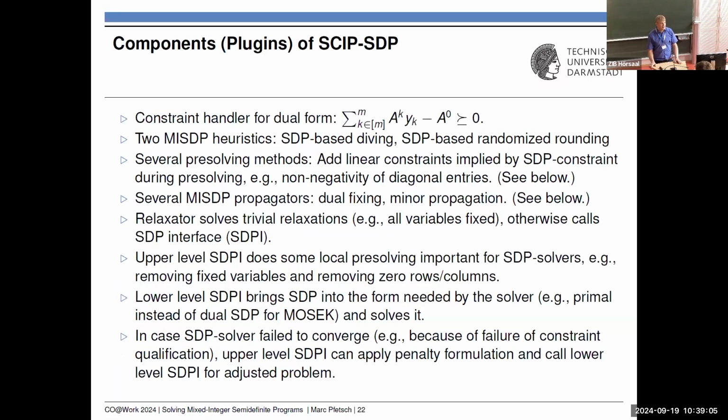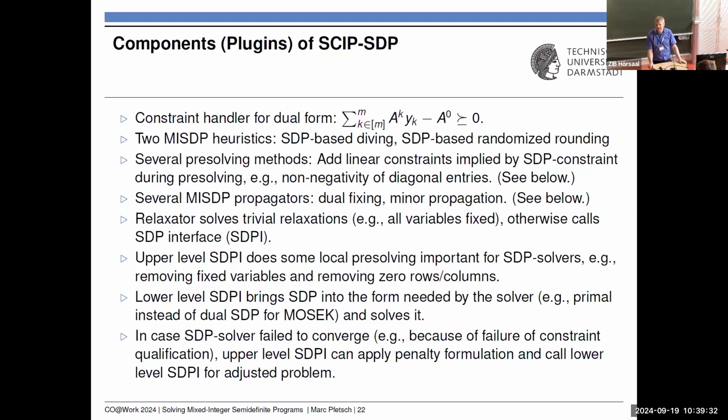And of course, if you set up a solver, there are many components that you have to take care of. You don't have to read everything that is written here. This slide is a reminder for me to tell you that if you build up a solver, then there are many components that you have to implement to make it effective. Like you have to take care of the constraints.